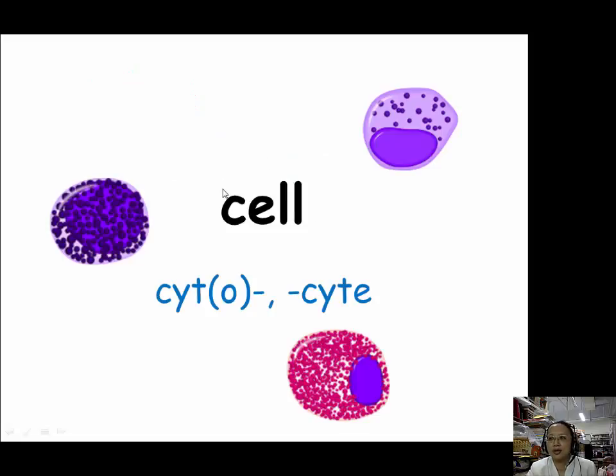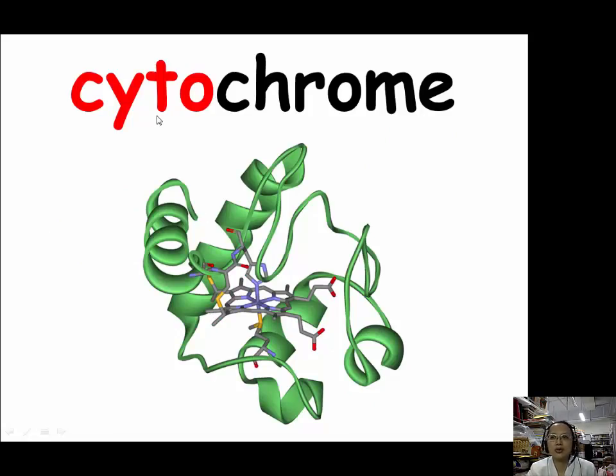For cell, when we want to talk about things that are related to a cell, we have one prefix and one suffix. For the prefix, cyto, C-Y-T-O, and for the suffix, cyte, C-Y-T-E. Our example for cyto is cytochrome.